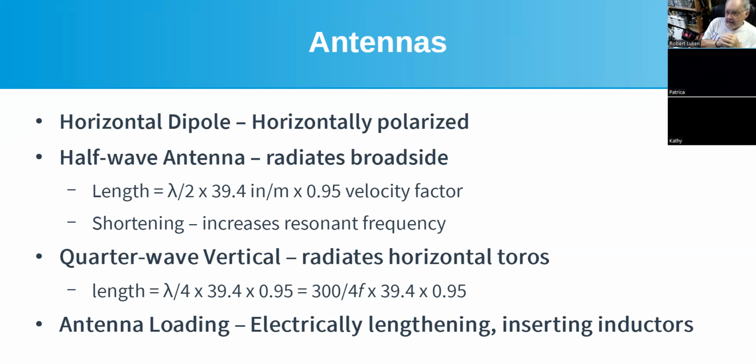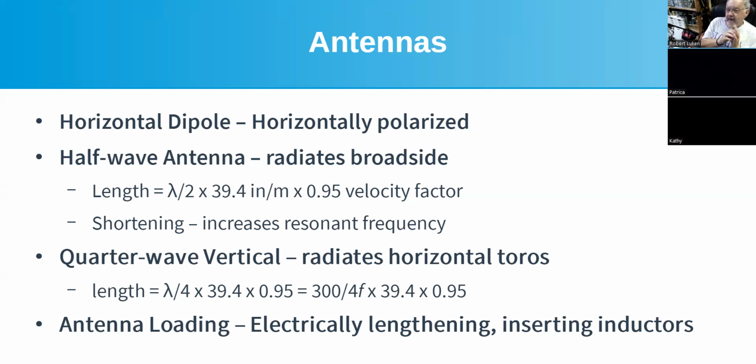And when you're doing an antenna, you also have to bring in what we call the velocity factor. If you remember, we said the speed of light was 300 million meters per second in free space. When an electromagnetic wave is moving through a conductor, it doesn't move at 300 million meters per second. In like a copper wire, it's typically 95% of that.